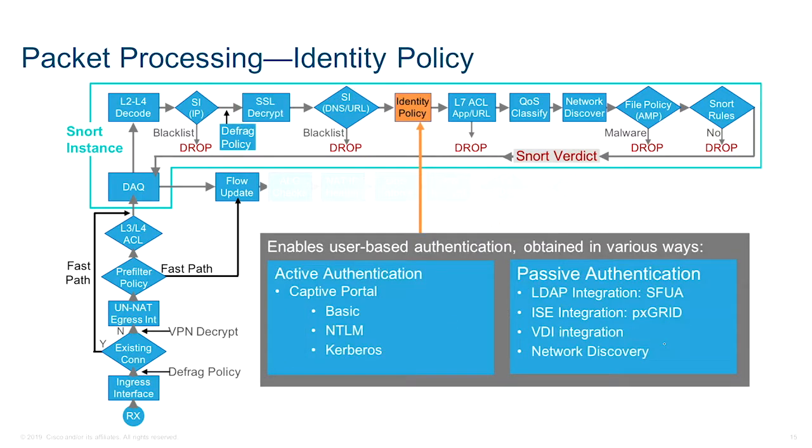Now, continuing on with the identity policy, what this is simply doing is giving us the ability to identify the user in this session. The user can be identified either actively or passively. Folks, actively being literally what is referred to, as you can see here on the slide, as a captive portal. So we could have the user first go to a website and provide login credentials.